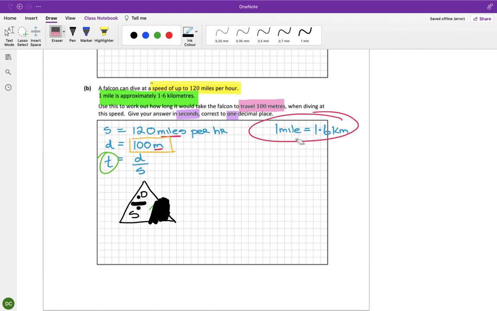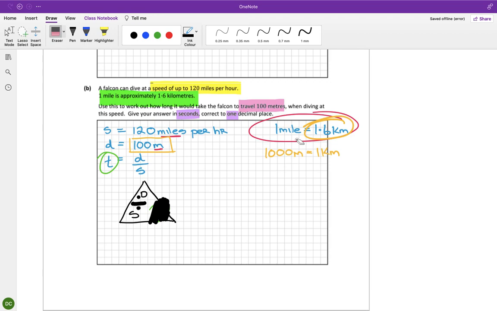Yeah? Now, if we look over here though, to make it even more complicated, that isn't meters, that's kilometers. So there's 1,000 kilometers. No, there's not. There's 1,000 meters in 1 kilometer. The word kilo means 1,000. Yeah?